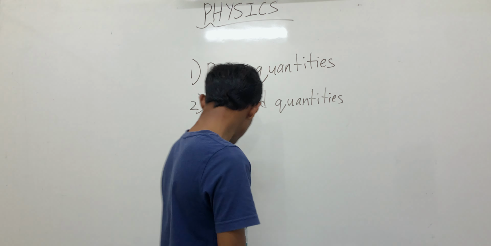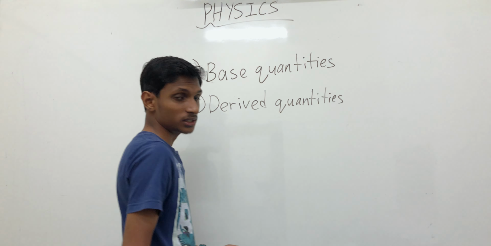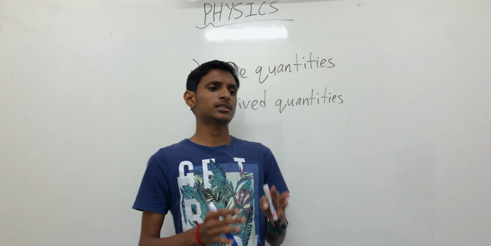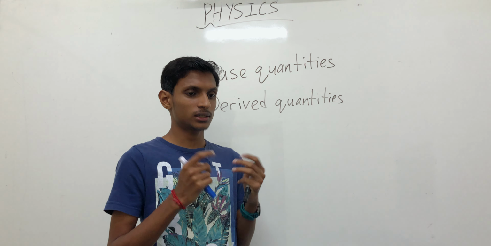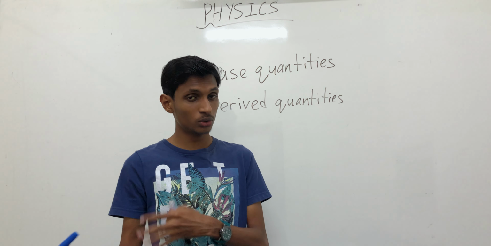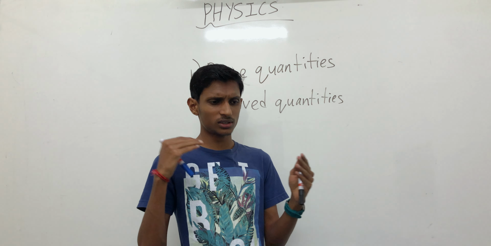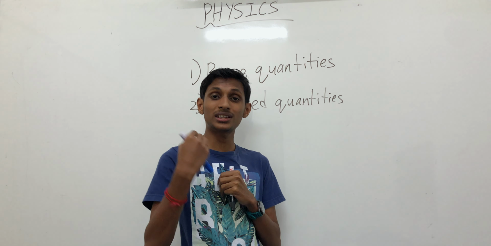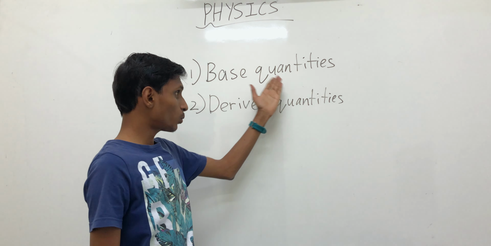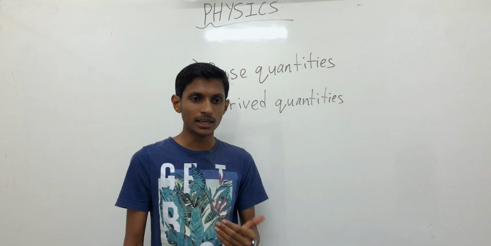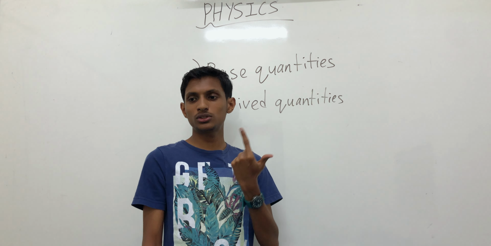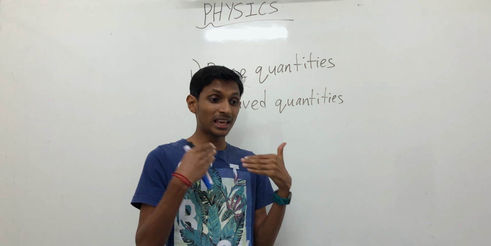Base quantities have a lot of examples, which we will look into later, and so do derived quantities. The main difference to understand is that base quantities don't need any formula or technique to get the answer.